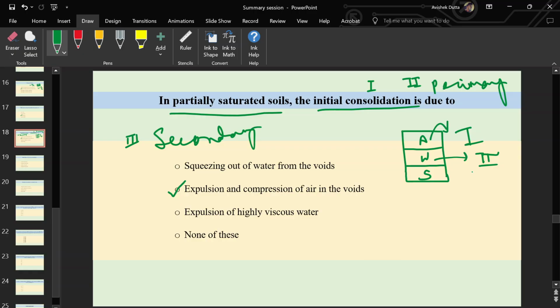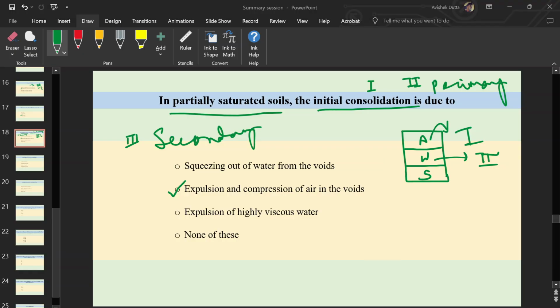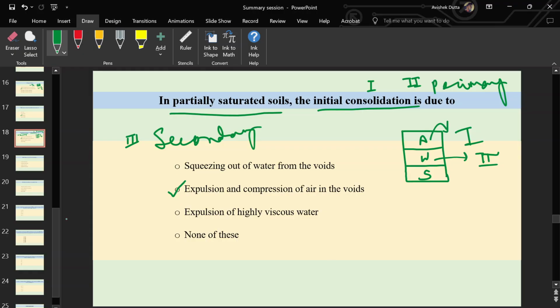Generally we consider primary and secondary to be the main phases of consolidation. This is more like a warm up stage, but still I have mentioned initial consolidation, that means phase 1. So, it is obviously the expulsion of air in the voids. Is it clear? Yes sir. So, in partially saturated soil, initial consolidation is due to expulsion and compression of air in the voids.